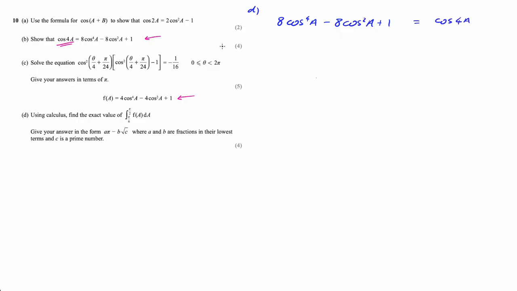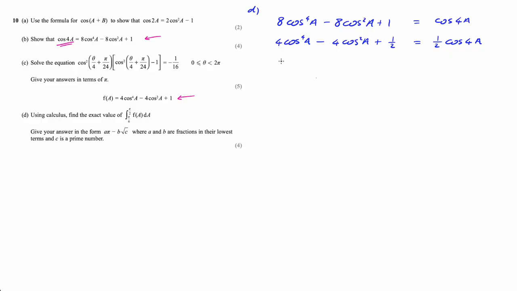Okay, now I want to turn this into this. How do I do it? Well, I'm just going to divide by 2. So divide by 2, I get 4 cos to the 4a minus 4 cos squared a plus a half, I have to divide this by 2, equals a half cos 4a. I divided everything by 2. Now I'm nearly there. That's nearly f of a, but I need to get 1 here, not a half, so I'm going to have to add a half.